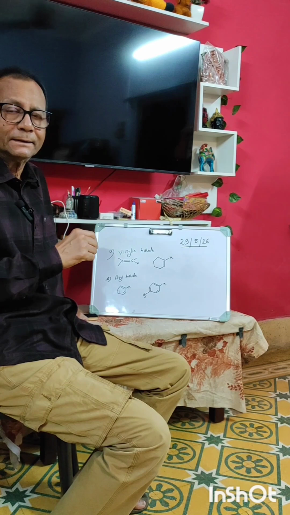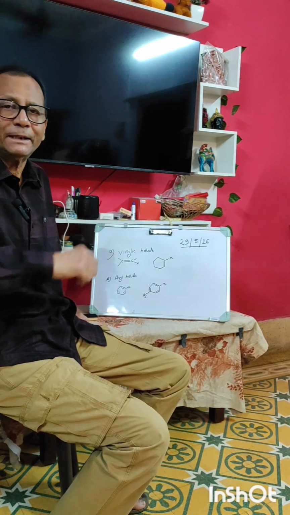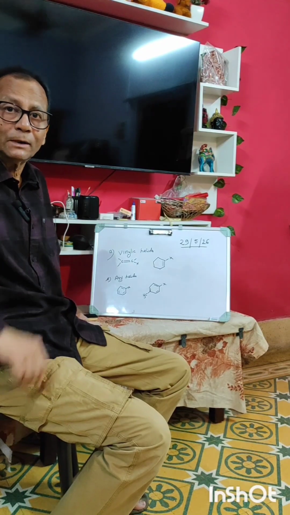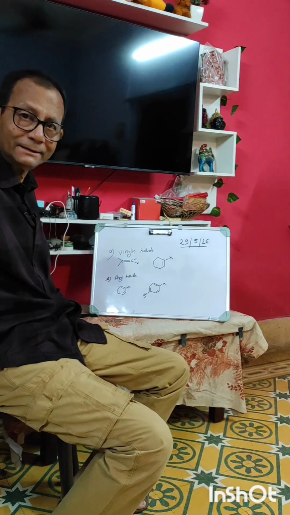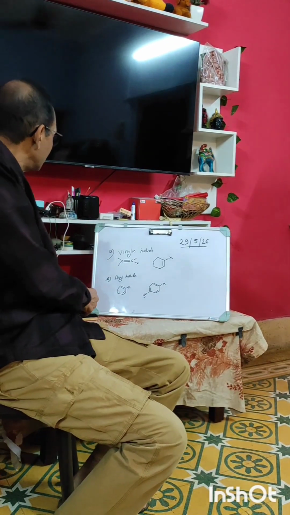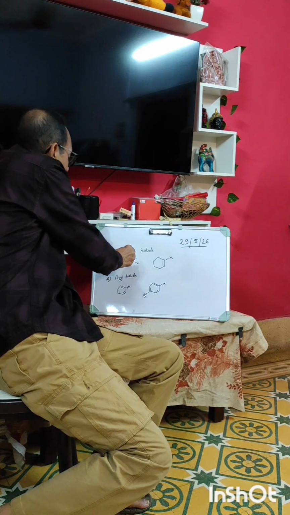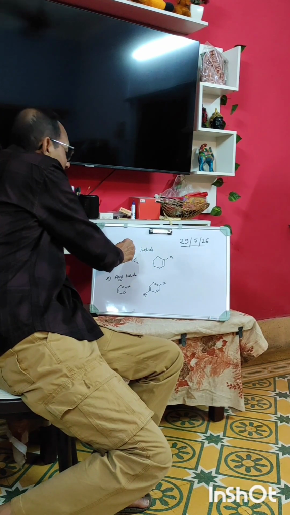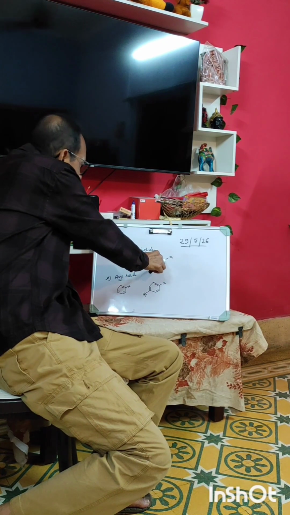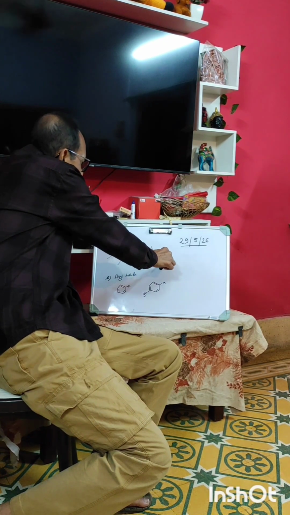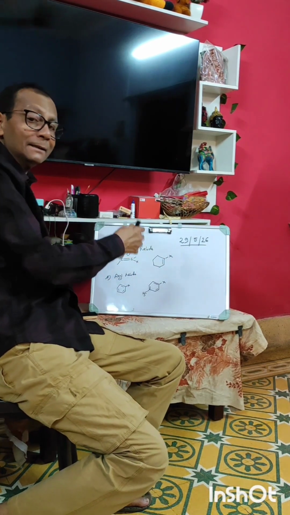Now we will discuss the carbon atom containing the halogen being sp2 hybridized. They are known as vinylic halides and aryl halides. Now see, this carbon contains the halogen and is attached to a double bond. This is cyclohexene, where X is attached to the carbon that is part of the double bond.